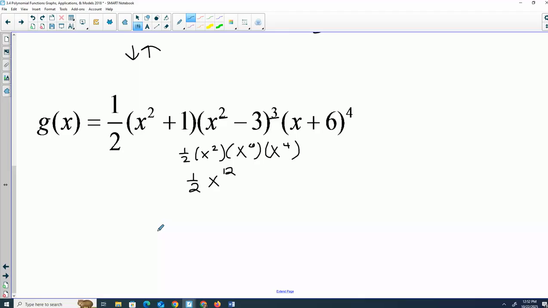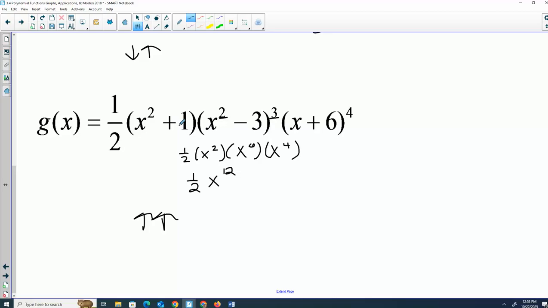So even powers look like a parabola. The 1/2 doesn't cause it to flip because it's positive. So both ends are pointing up. Any questions?